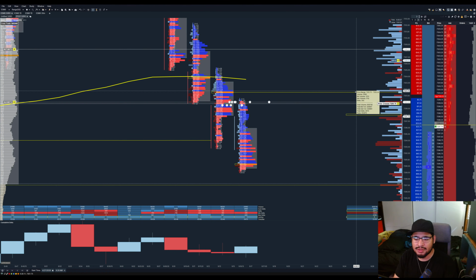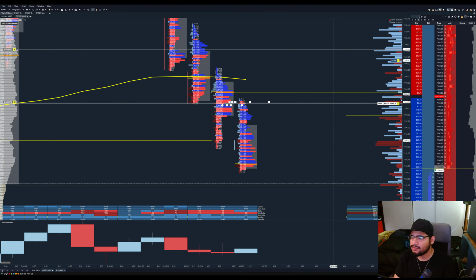So it looks like we retraced to around my entry more or less. But we'll see how price does. What price does here.